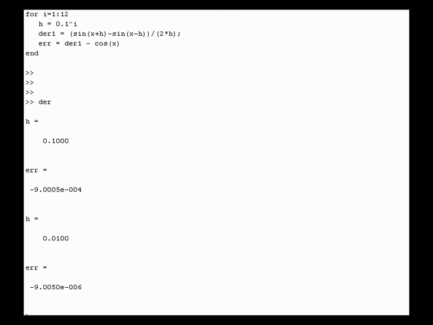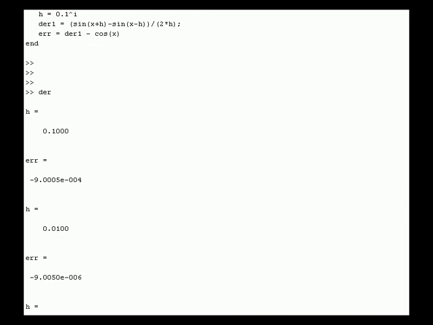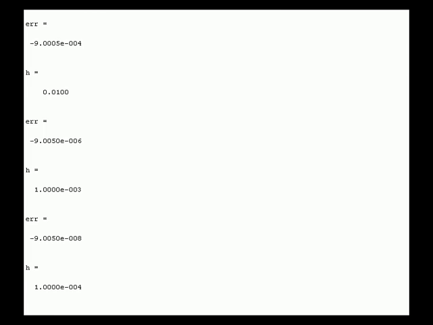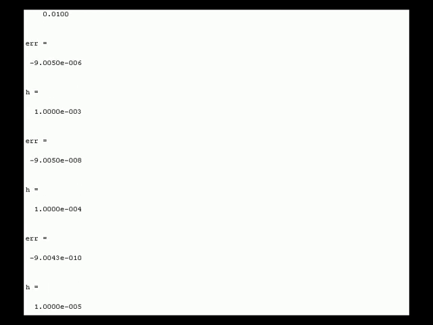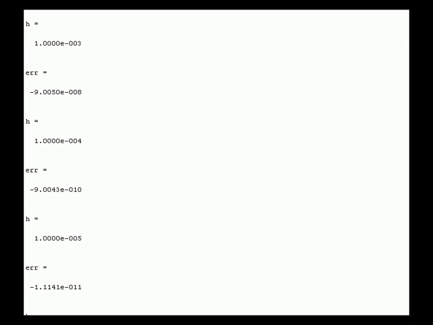When h is 0.1, we get an error of 9 times 10 to the minus 4. Cut h by a factor of 10, and the error goes down almost exactly by a factor of 100, to 9 times 10 to the minus 6, so everything's going according to plan. Cut h by another factor of 10, the error goes down by another factor of 100. And another factor of 100, and not quite a factor of 100.